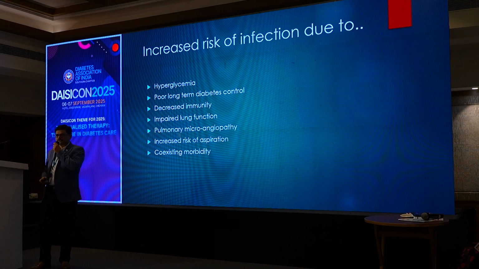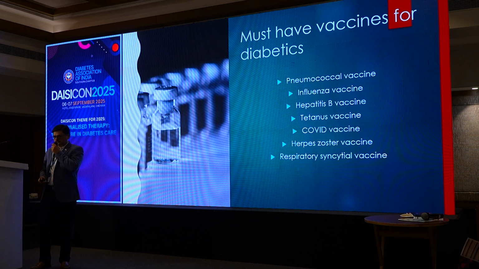These are all risk factors in diabetes which are essential for worsening conditions. So these are the must-have vaccines for diabetes: pneumococcal vaccines, influenza vaccines, hepatitis B, tetanus, COVID, herpes zoster, and respiratory syncytial virus.